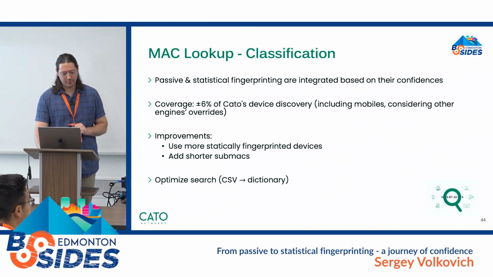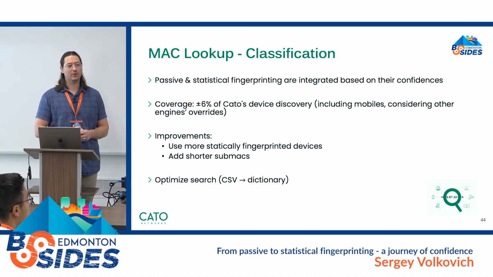A couple more points about the classification. First of all, we have to integrate both engines of passive and statistical classifications together based on the confidences. I won't go into this too much, but I'll just mention that if there is the same confidence, we will rely on the statistical fingerprint in case the classifications are different.